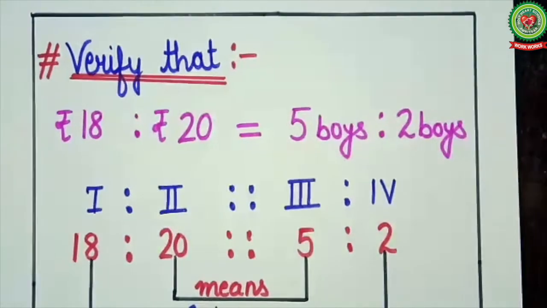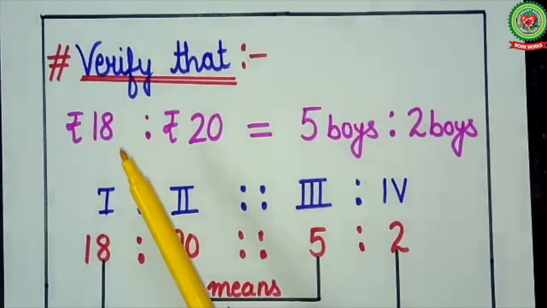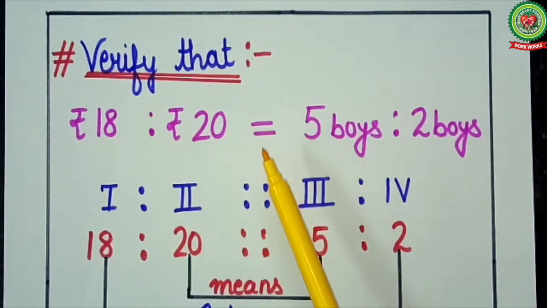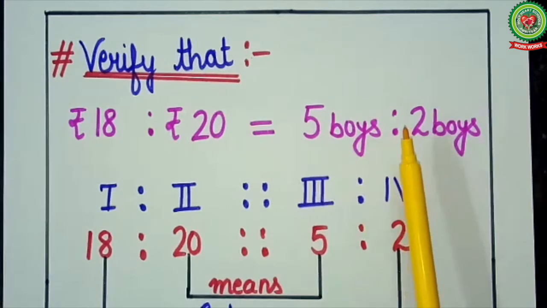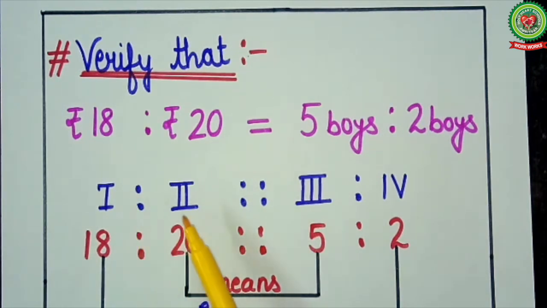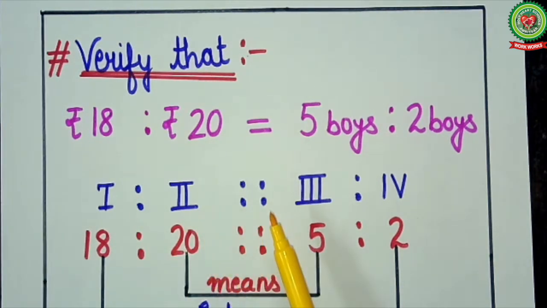Here you have to verify that rupees 18 ratio rupees 20 equals 5 boys ratio 2 boys. Again, set the ratios according to their positions. Here it will come 1st ratio 2nd as 3rd ratio 4th.